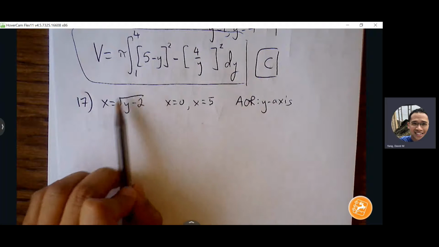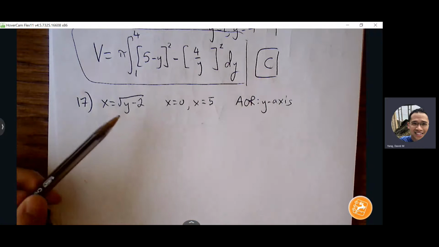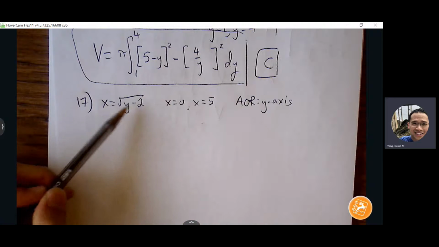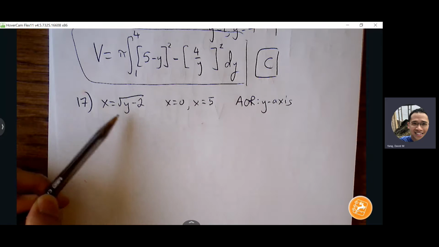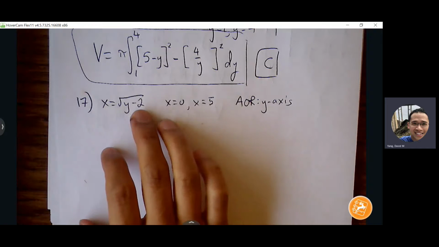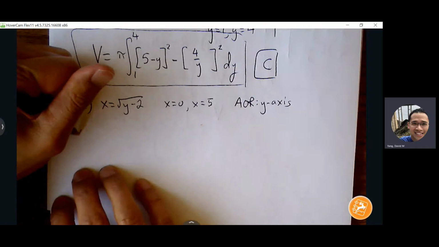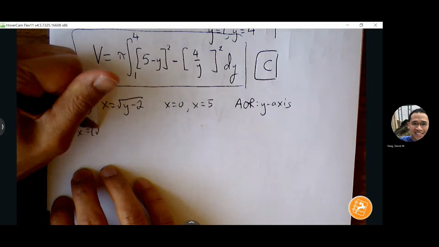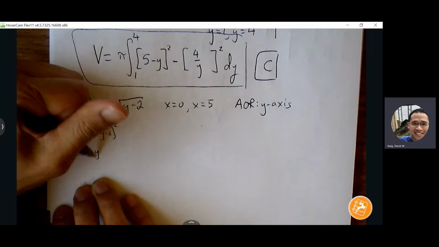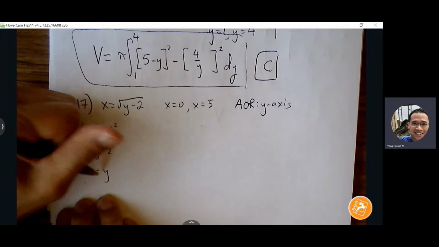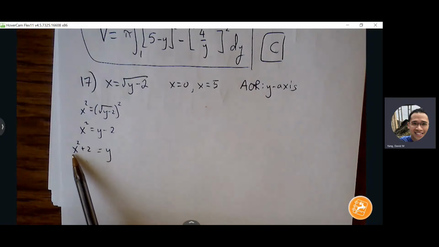Maybe you don't know exactly what this graph looks like to even know what to sketch, but if it helps, maybe get it in terms of y first, and then maybe it becomes visually easier to recognize. So if I square both sides here, I can solve for y. So if I solve for y, I get y equals x squared plus 2.